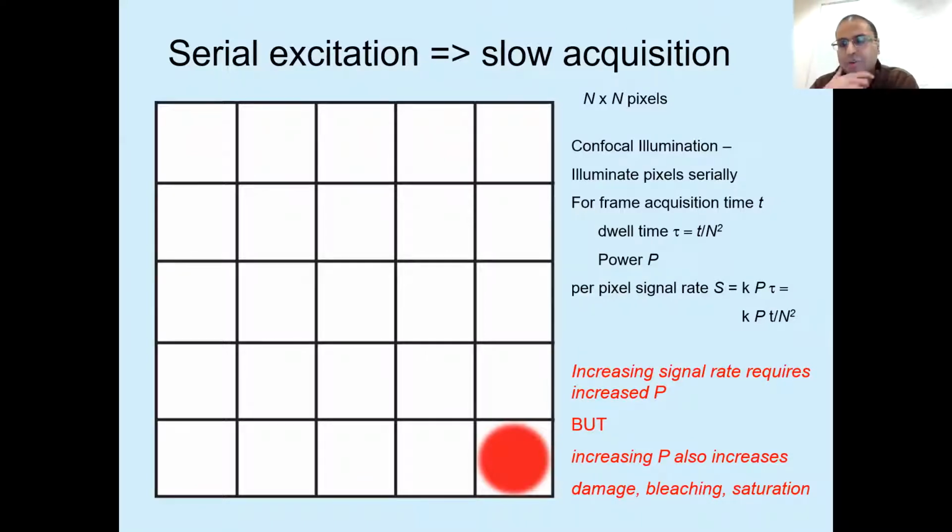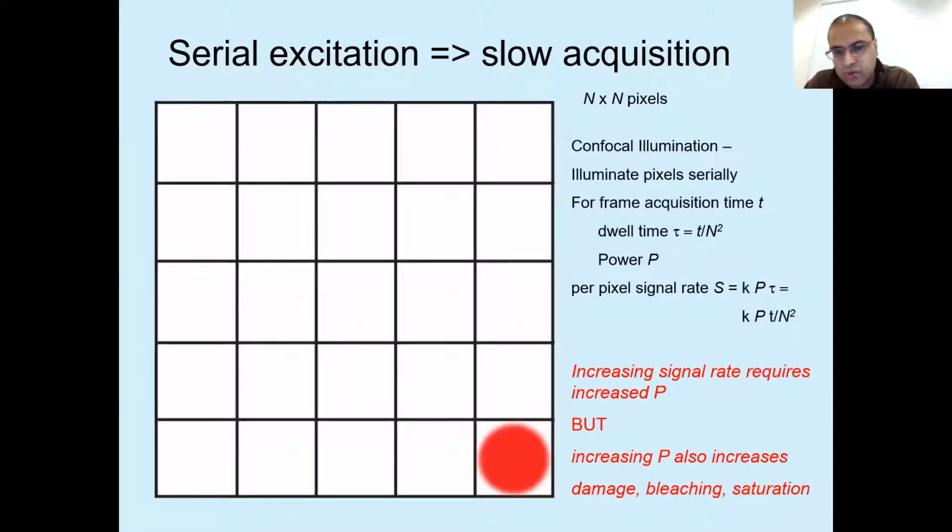And so this is a fundamental limiting factor in a point scanning confocal microscope, that if you increase the power too much, you eventually also increase photo damage, photo bleaching, and saturation. So, no matter how you slice and dice it, compared to a wide field microscope, the confocal microscope gives you fundamentally less signal per unit time. And that's worth appreciating. This just has to do with the way in which you collect data in a serial fashion in a confocal microscope.